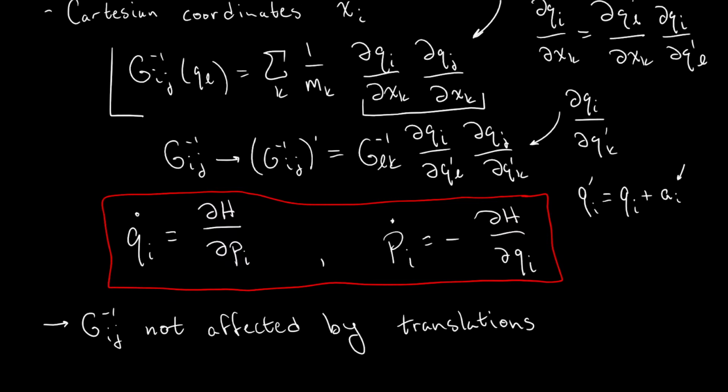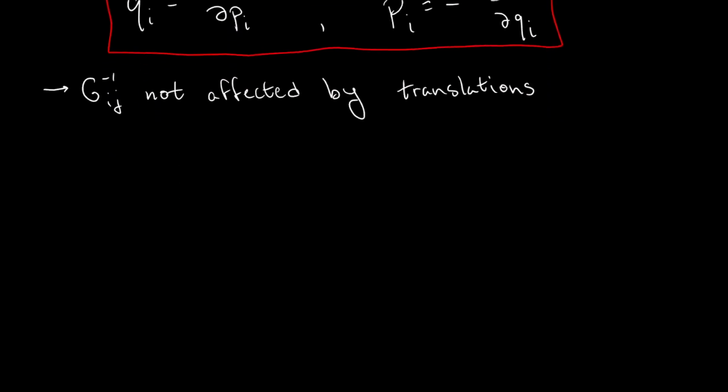The other thing I want to note about this matrix is that if we start with Cartesian coordinates, then our kinetic energy term, which I'll just write T, and I'll restrict to a single particle in any number of dimensions, is just this. So this is our kinetic energy.